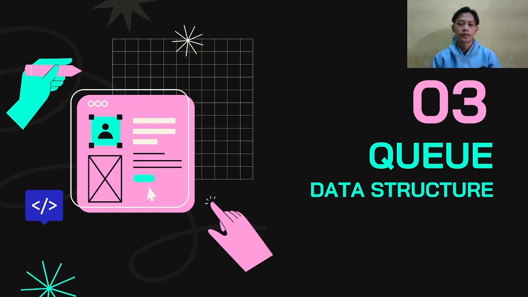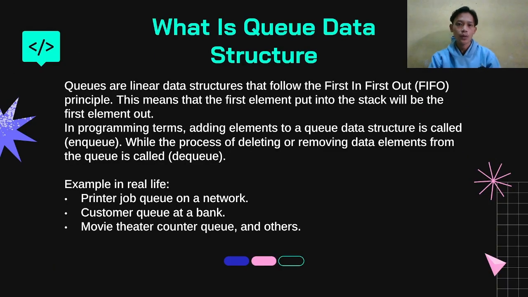Okay, the third is queue data structure. What is queue data structure? Queues are linear data structures that follow the first in, first out, FIFO, principle.